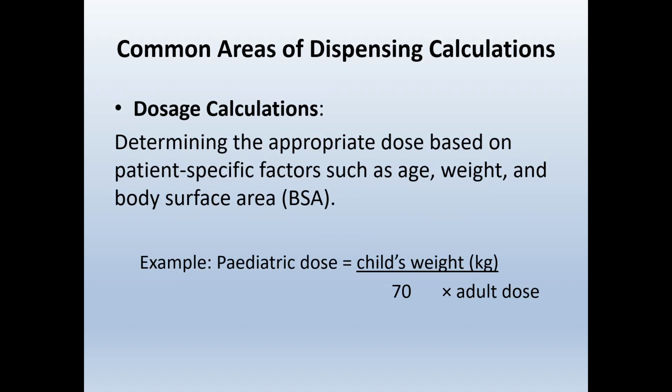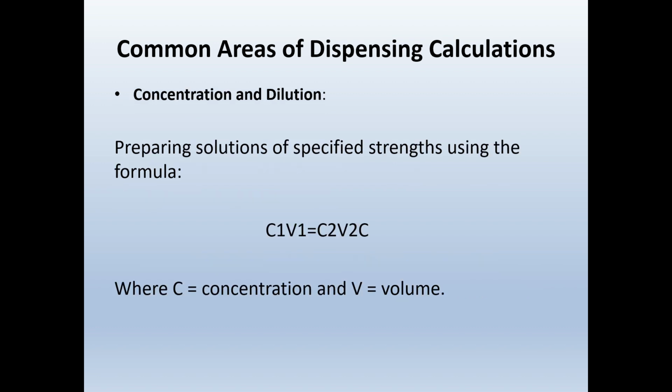This particular formula can simply be used to calculate a pediatric dose. There are other formulas, but this is just an intro. There's another formula that, instead of looking at the weight of the child, looks at the age of the child, right? When we go into details, we'll get those other formulas out.